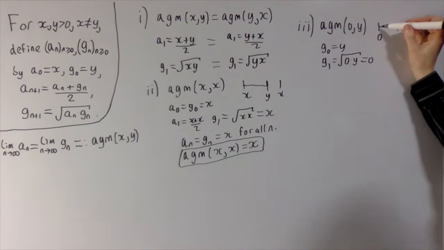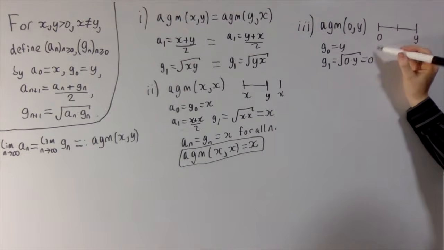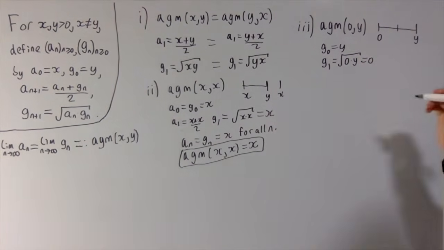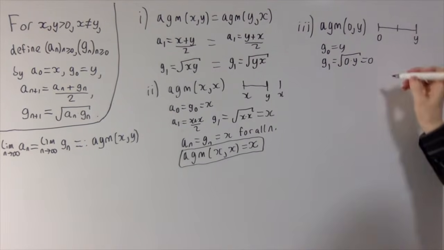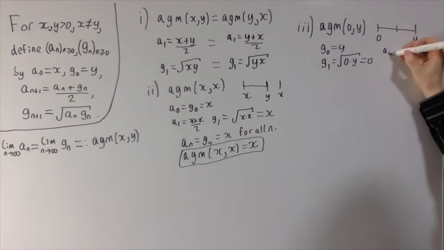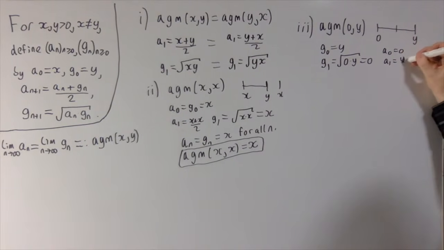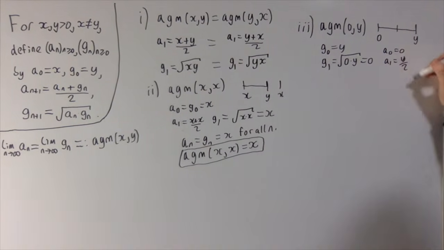So G would basically just be equal to 0. And then however many terms you go in, you'll find that Gn is always going to be equal to 0. So A0 would be equal to 0. A1 would be equal to y over 2. You do (0 plus y) over 2.